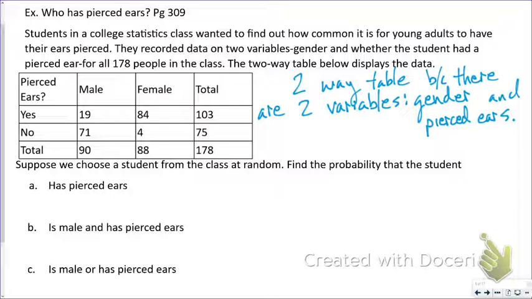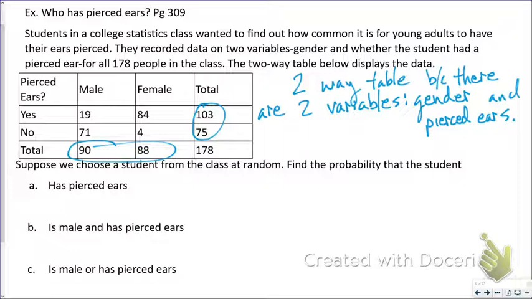So typically you want to make a two-way table, or like the last problem, that was called a one-way table because there's just one variable in question. But this one's a two-way table because there's two questions: what gender and if they have their ears pierced. If they're only referring to one variable, you typically are just looking at the margins here and here.